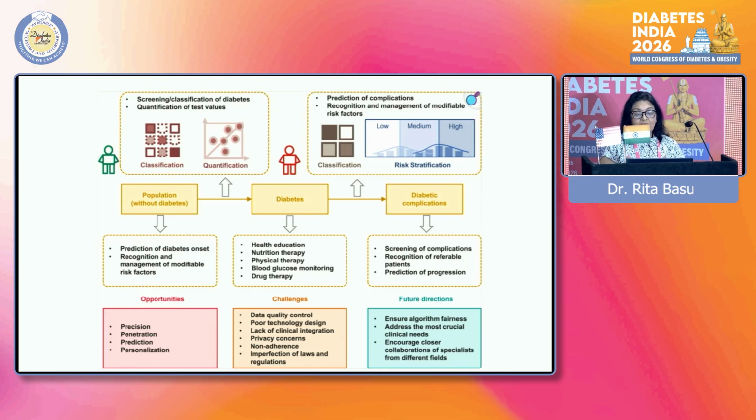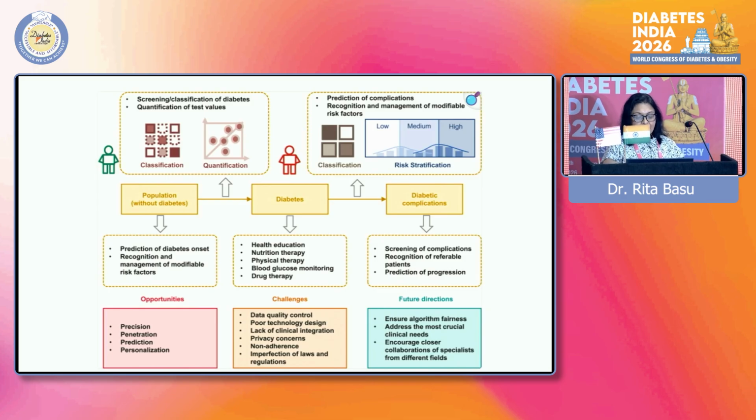And for those who have diabetes, you want to make sure they are getting proper education, nutrition therapy, physical therapy, blood glucose monitoring, as my speakers before me mentioned, and of course, medications. All this can be stratified in a way that you use AI to its maximum ability, but with caution, okay? And I'll mention that too. And then screening of complications, recognition of referable patients, and prediction of progression can be done using AI tools.